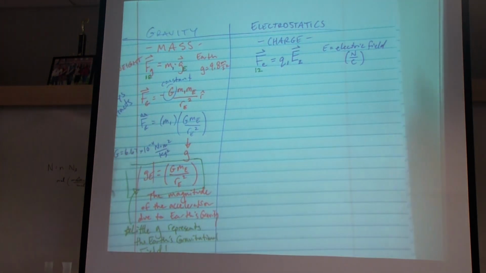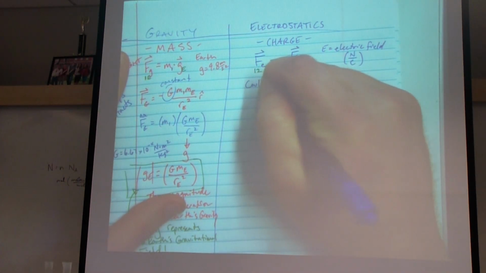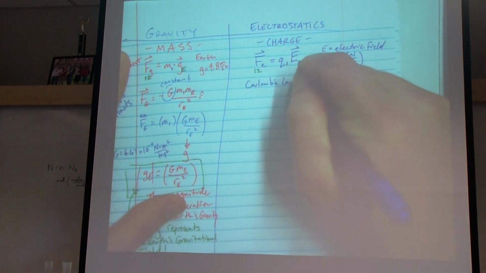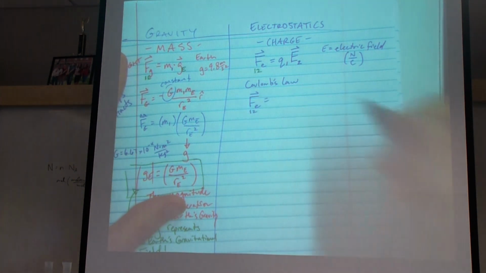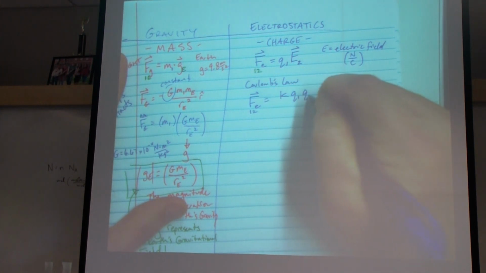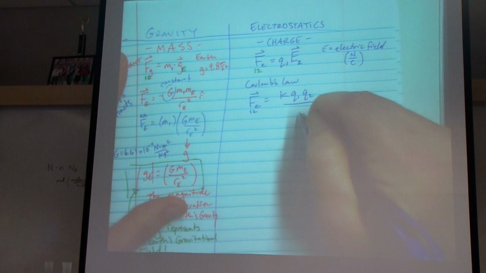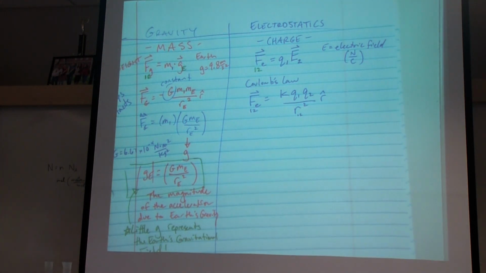Now, where does this equation come from? It comes from the more fundamental and basic Coulomb's law, which says F with a little e between 1 and 2 is equal to K Q1 Q2, the product of the charges, divided by the distance between them squared, R hat, directly along their centers. So, let's rewrite this.